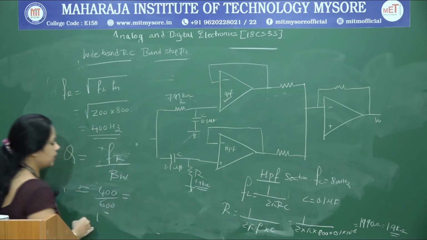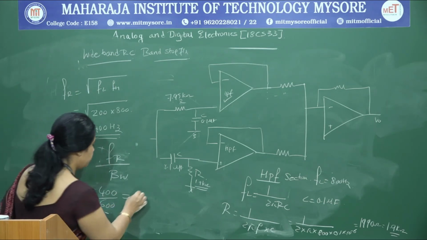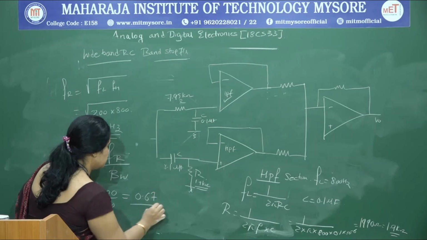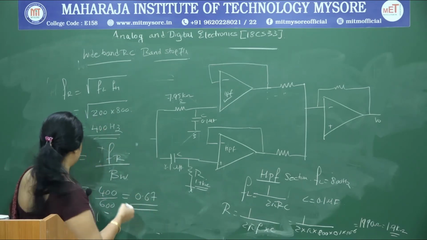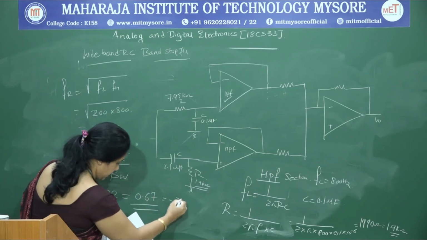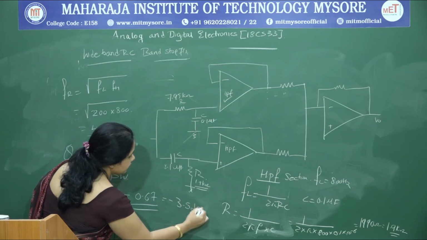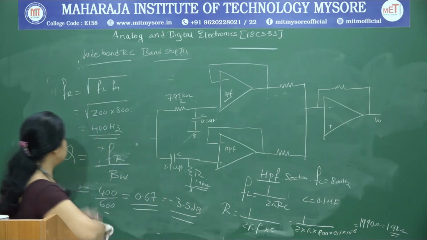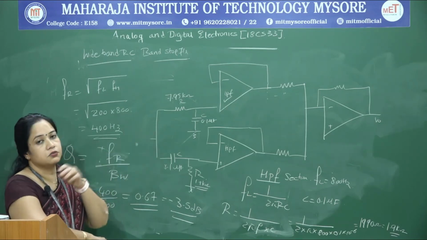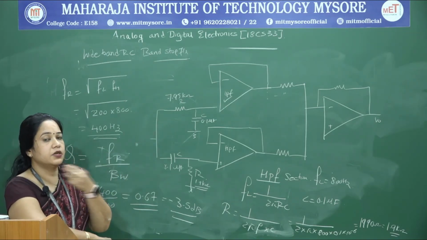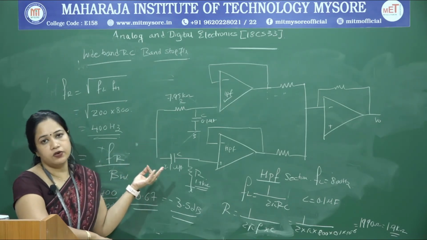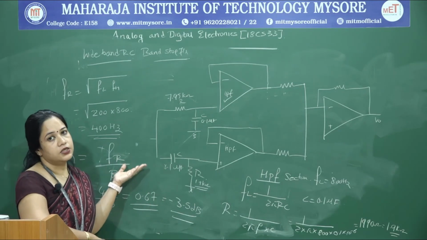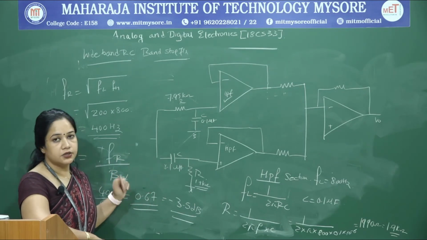You substitute these values, you end up getting a value of 0.67. So if you convert it into decibel, it is minus 3.5 decibels. This is the Q of the wide band filter, and it is very evident, you have a quality factor less than 10, it is going to be a wide band filter.